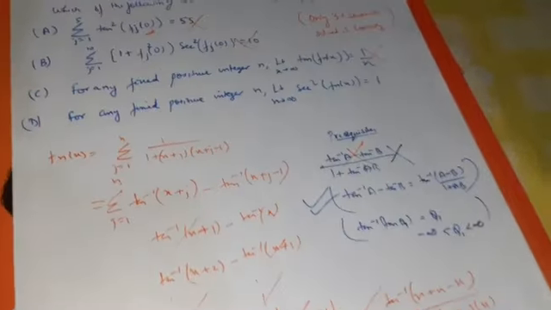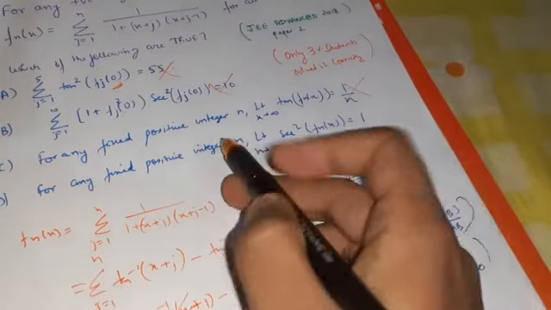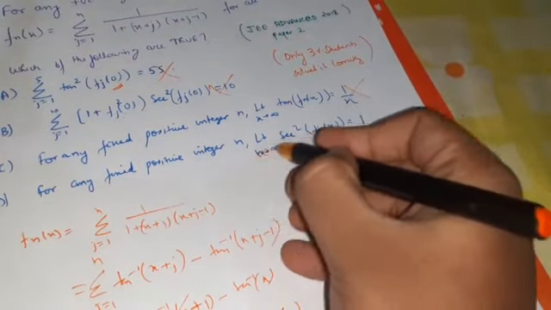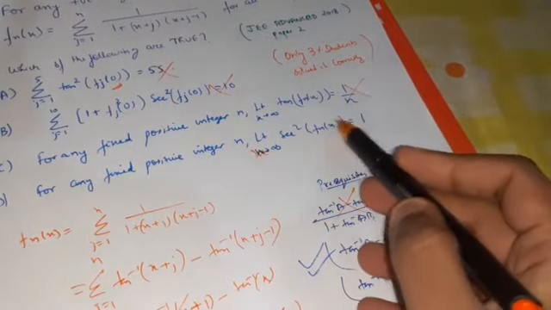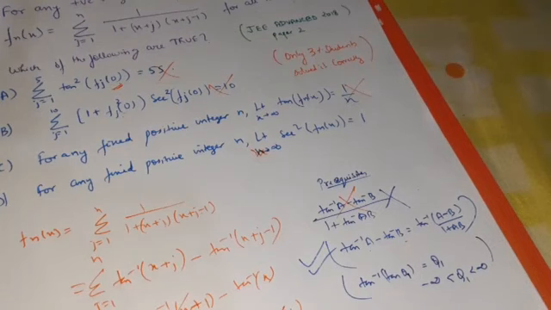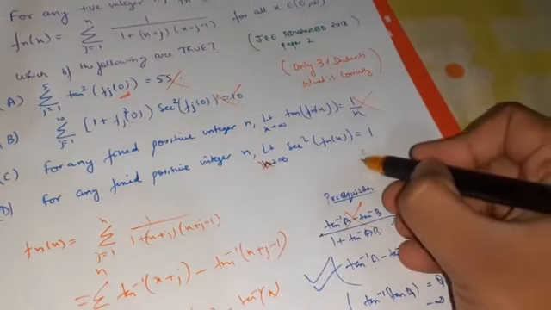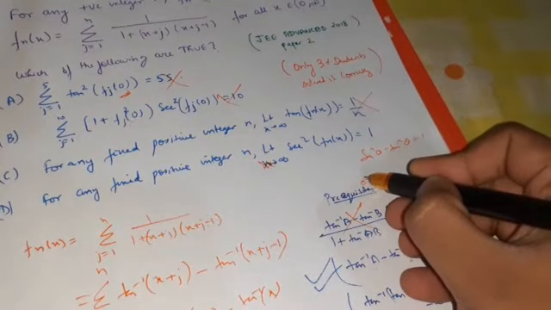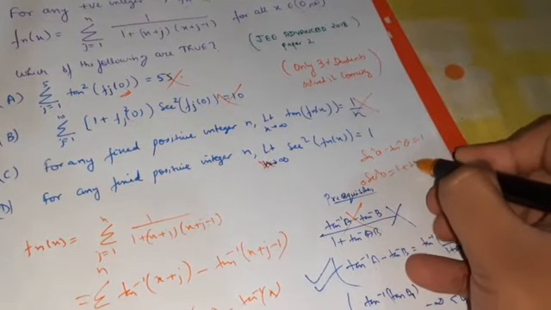The last option is saying limit n tends to infinity, x tends to infinity, of sec square of that. And you will think what to do; just stay with your basics, 10th class basics. What you know is that sec square theta minus tan square theta is 1. So sec square theta equals 1 plus tan square theta.